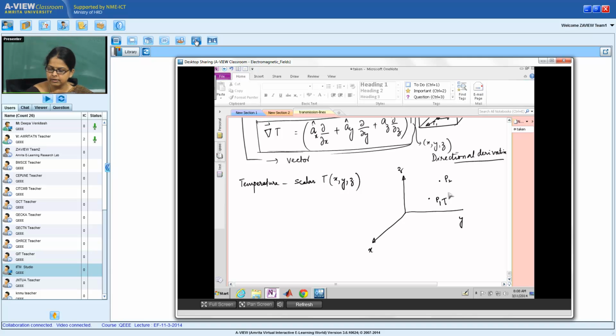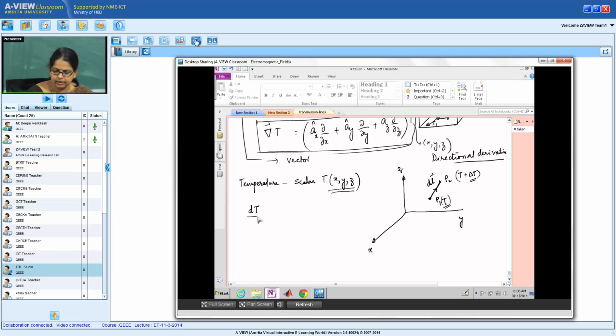If T is the temperature here, let's say the temperature here is T plus delta T. The question is, knowing the nature of T, knowing the value of T at every position x, y, z in the space, how do I calculate delta T, which is at a specific direction dl defined by a specific x, y, z direction from the point P1?